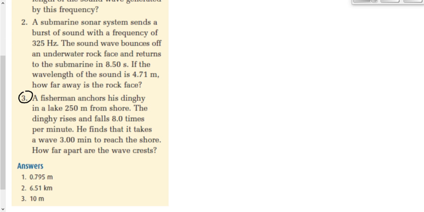What do we have given to us here? Looks like the wave travels 250 meters. That's not a wavelength. It's how far the wave travels. The time that it takes the wave to travel that distance is 3 minutes or 180 seconds, because we don't want to be in minutes, right? It's this 8 times per minute thing.